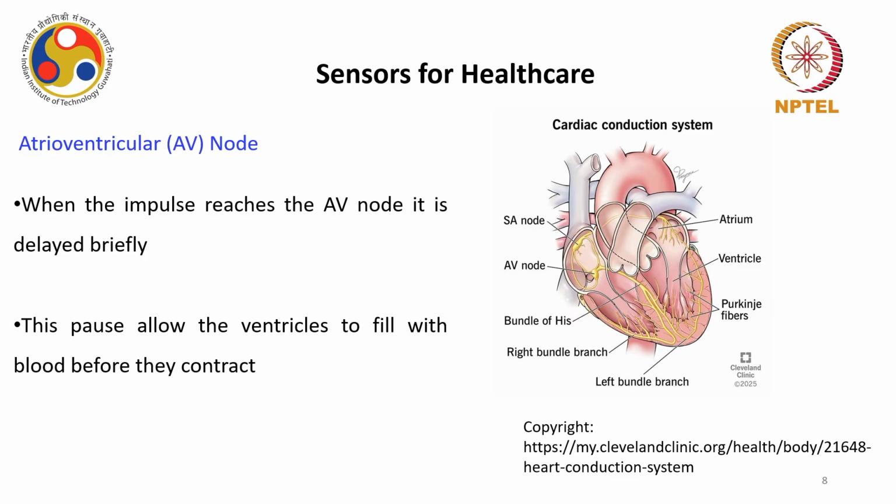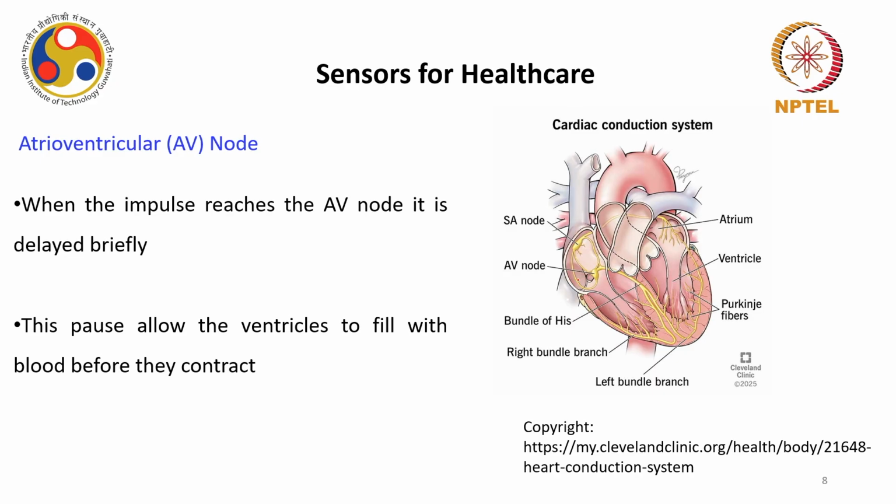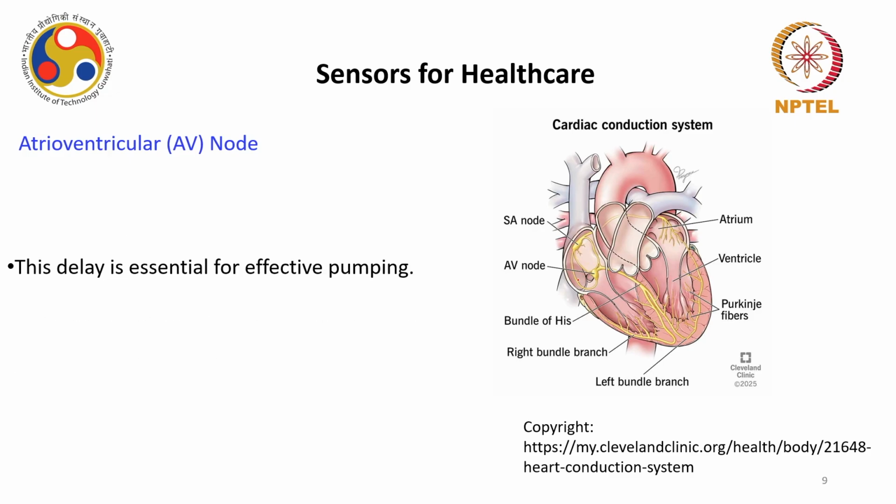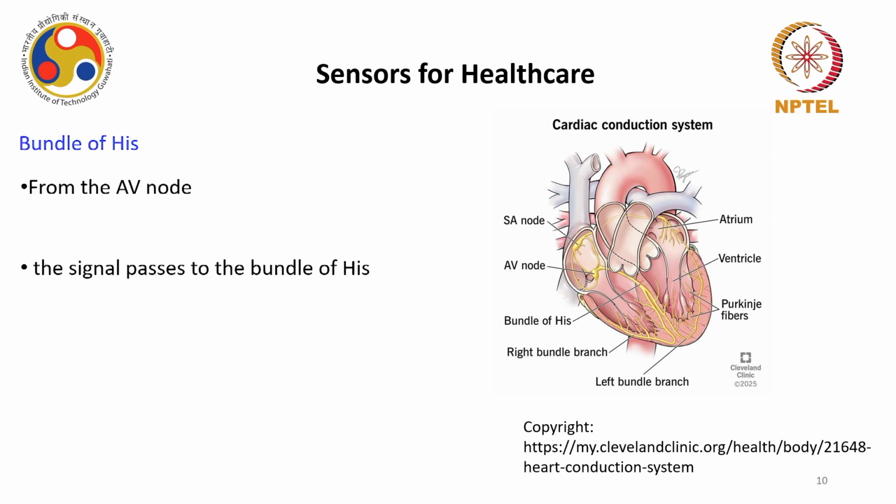Now, when the impulse reaches this AV node after traveling from the SA node, it is delayed for a short interval. This delay, or pause, allows the ventricles to fill with blood before they actually contract. This delay is very important for the effective pumping of the heart.